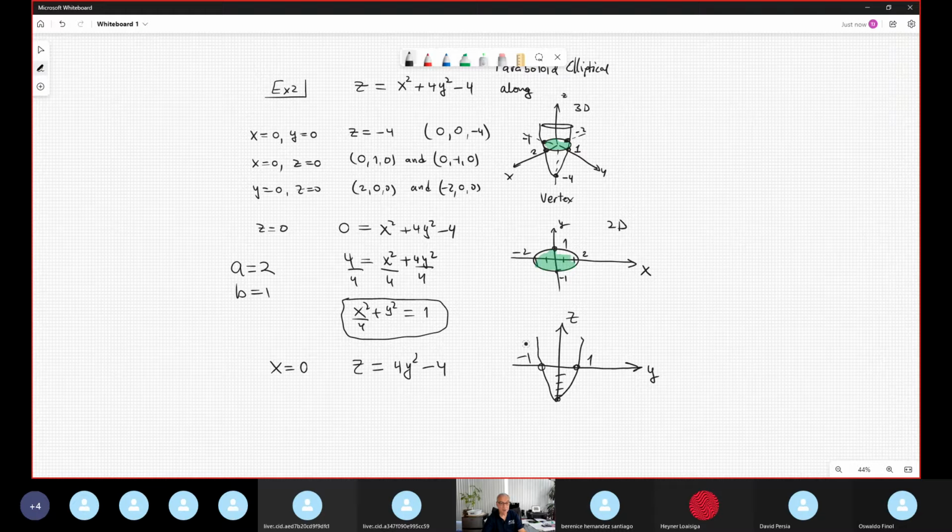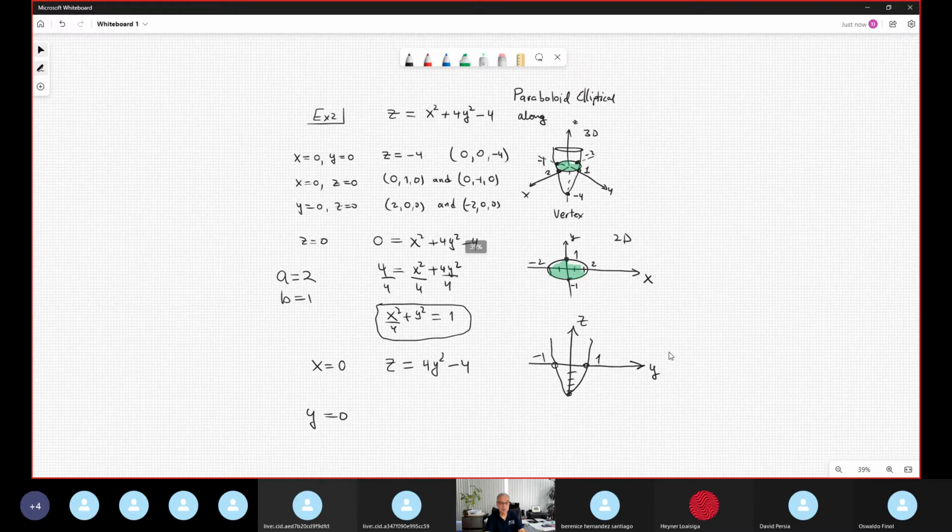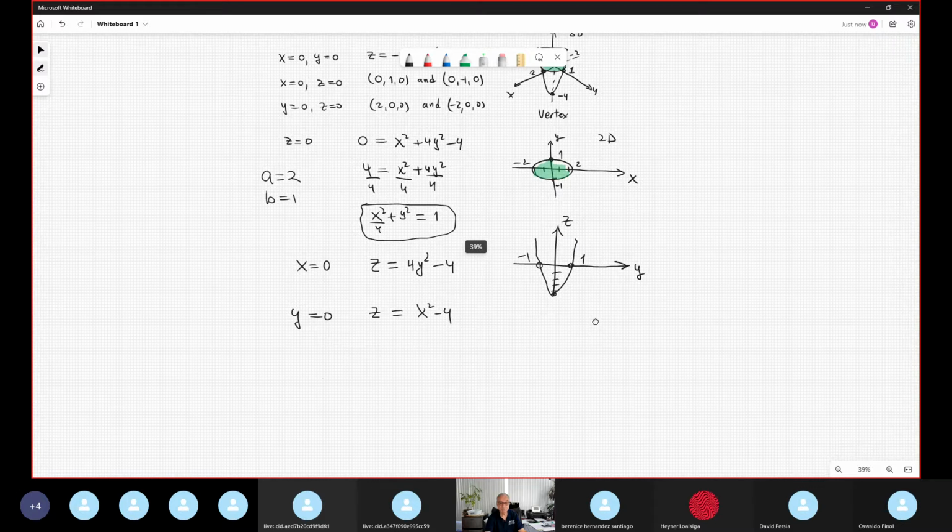And for y equals 0, z again equals x squared minus 4. Wow, it's easy. It's easier because this is the parabola.